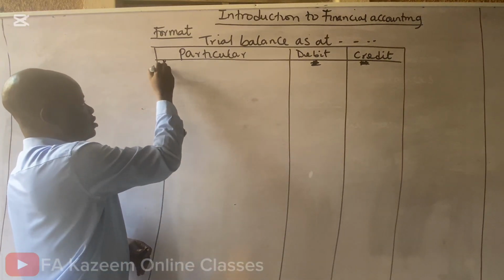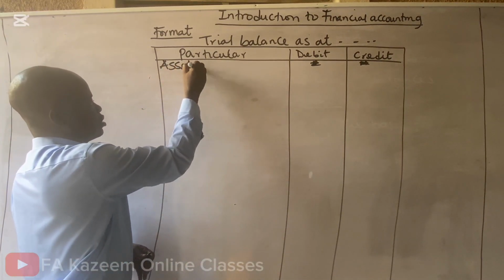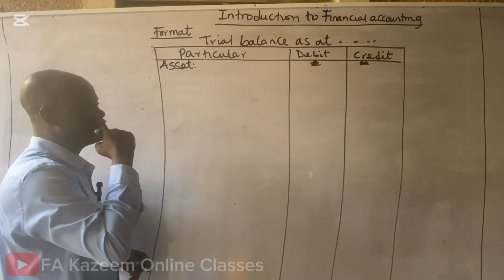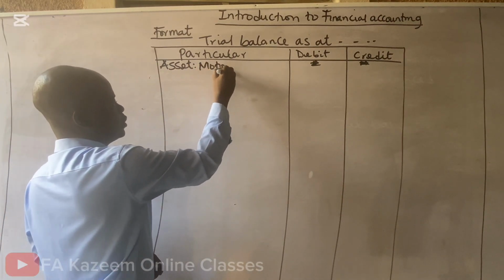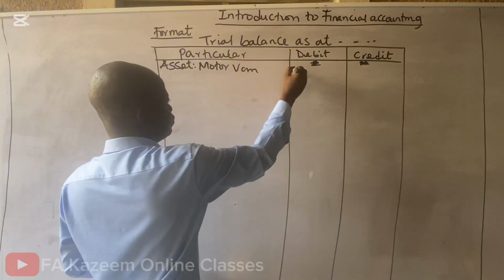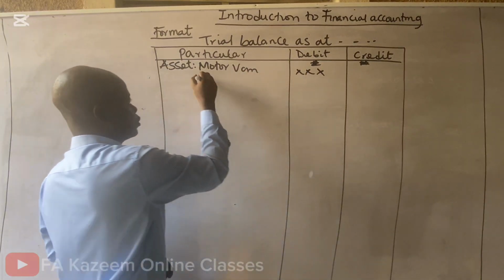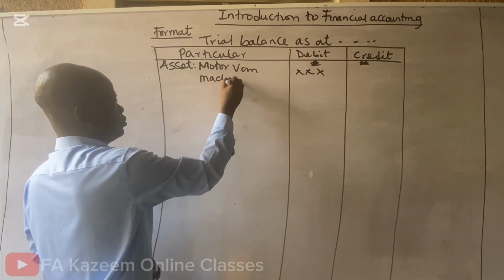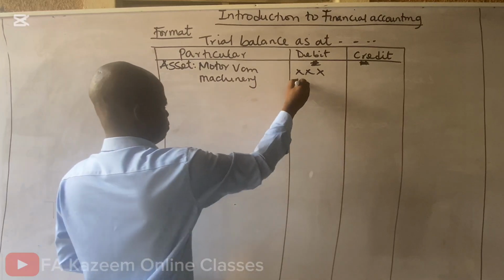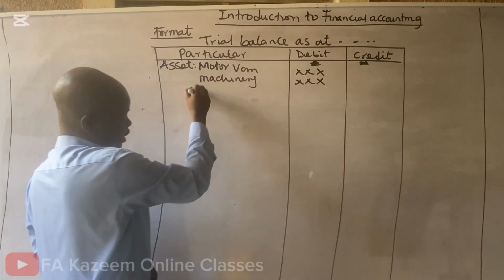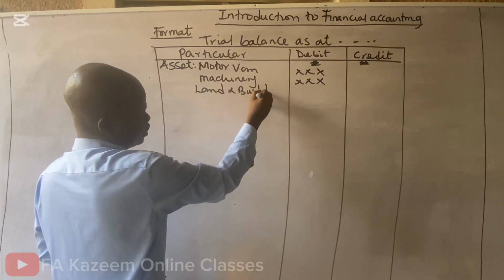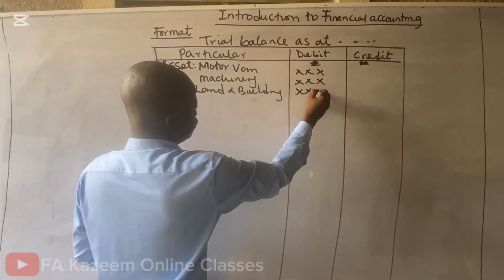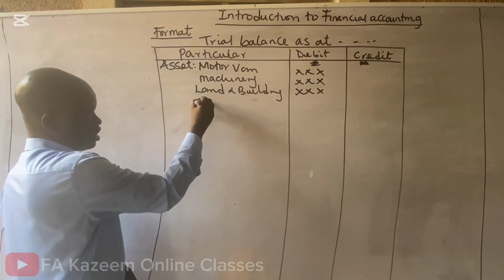For instance, look at the word asset. All asset items are to be on debit. What are asset items? Like motor van, like machinery, like land and building. All these are assets, like inventory.